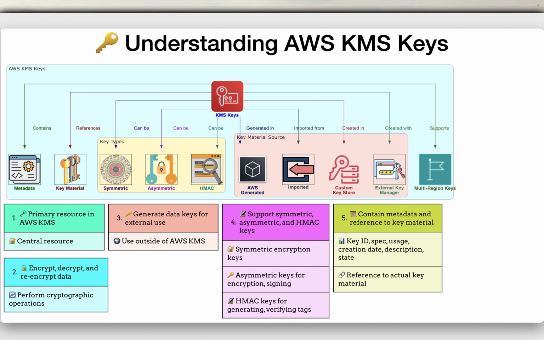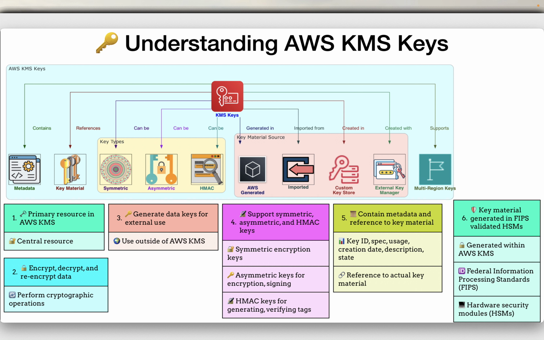A KMS key is a logical representation of a cryptographic key containing metadata such as key ID, spec, usage, creation date, description, and state, as well as a reference to the actual key material used in cryptographic operations. The cryptographic key material for a KMS key is generated within AWS KMS FIPS, which is Federal Information Processing Standards, validated hardware security modules, HSMs.